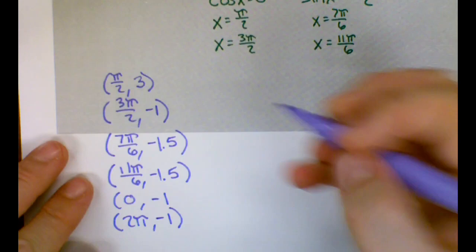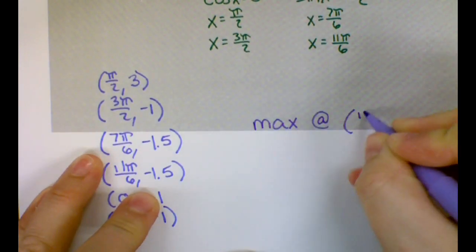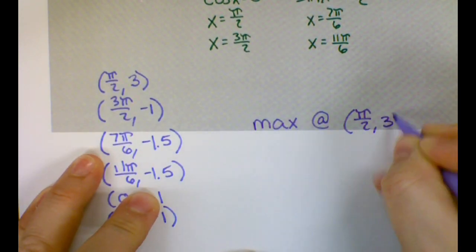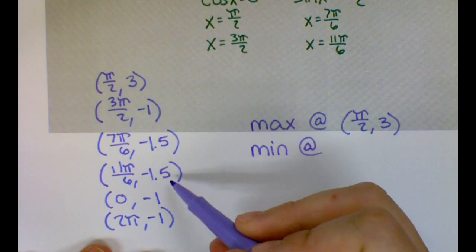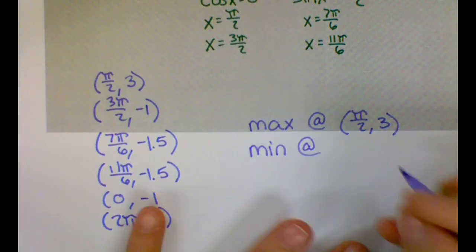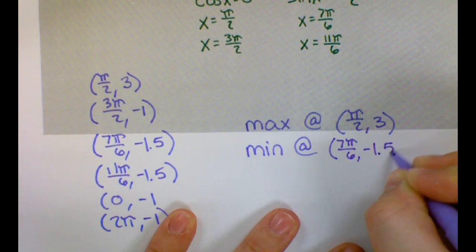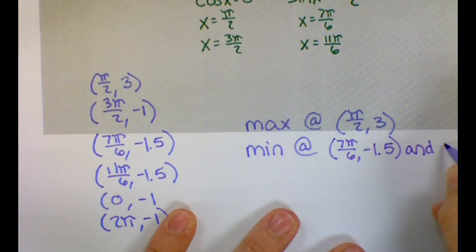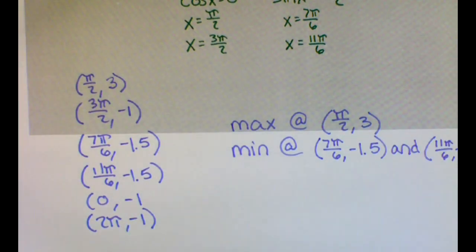That would be (pi over 2, 3). The minimum is the smallest, and notice that we have 2. They're shared minimums: (7 pi over 6, negative 1.5) and (11 pi over 6, negative 1.5). Since they are the same y value, they're shared.